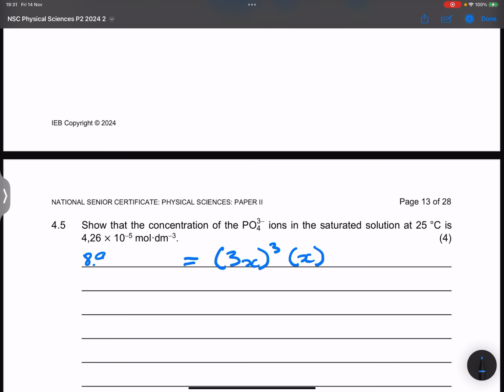So 3X cubed gives us 27, and X cubed times X is X to the power 4. This is equal to 8.9 times 10 to the power negative 17.